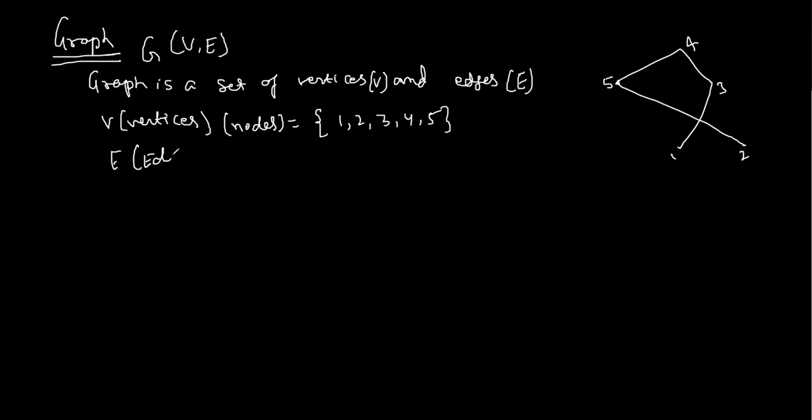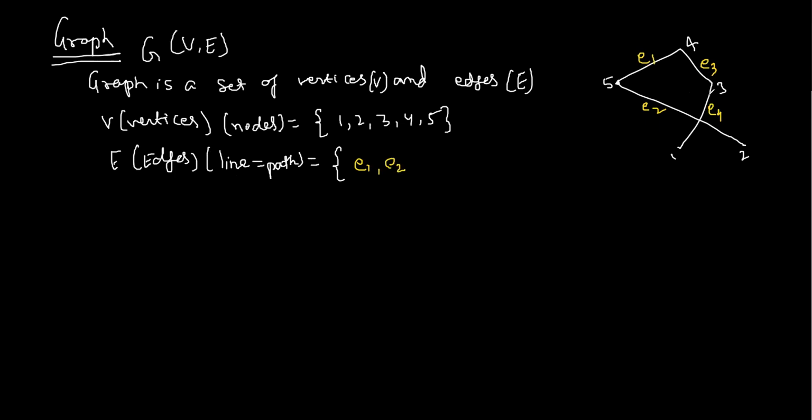Yes, edges. Edges means lines, or you can say path. So how many lines are there? Let's suppose this is E1, E2, E3, E4. How many lines are there?